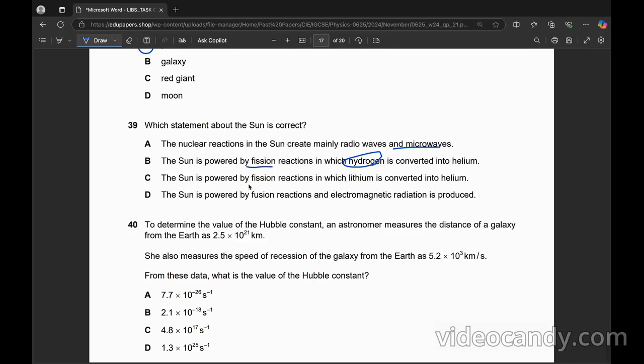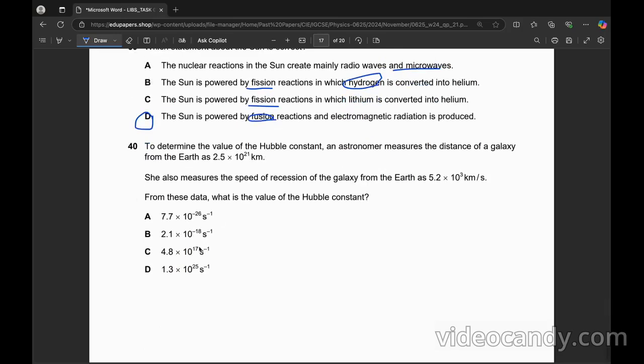Now, in fact, the sun does not have a fission reaction. It is powered by fusion reaction. Hydrogen is the lightest and simplest element, and when they fuse to helium, there's a loss in mass, and that's where we get the energy. So the answer would be D.